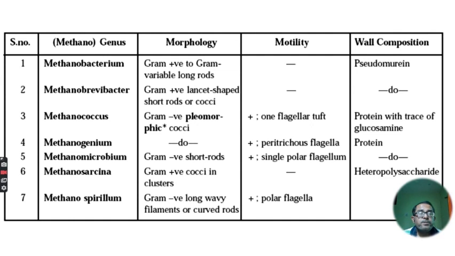Third genus is Methanococcus, which has gram negative pleomorphic cocci. They are motile. They have one flagellar tuft at the end. And the cell wall of this bacteria is composed of protein which has some amount of glucosamine.